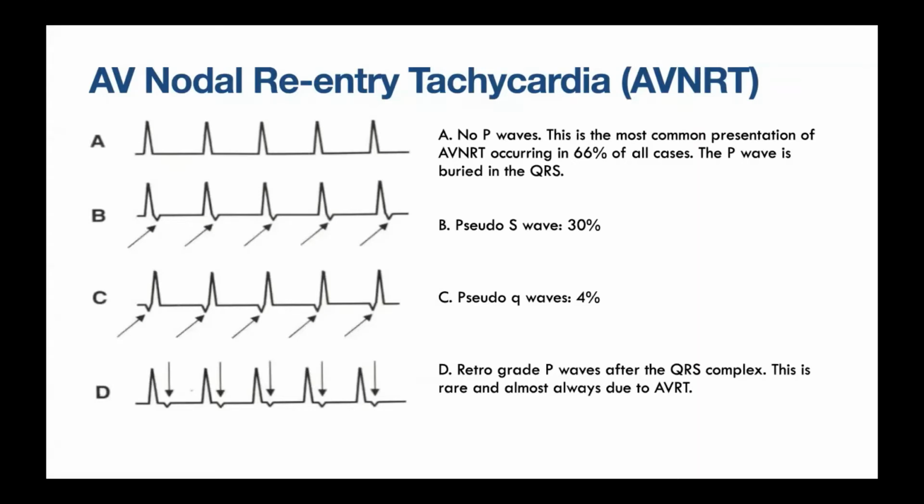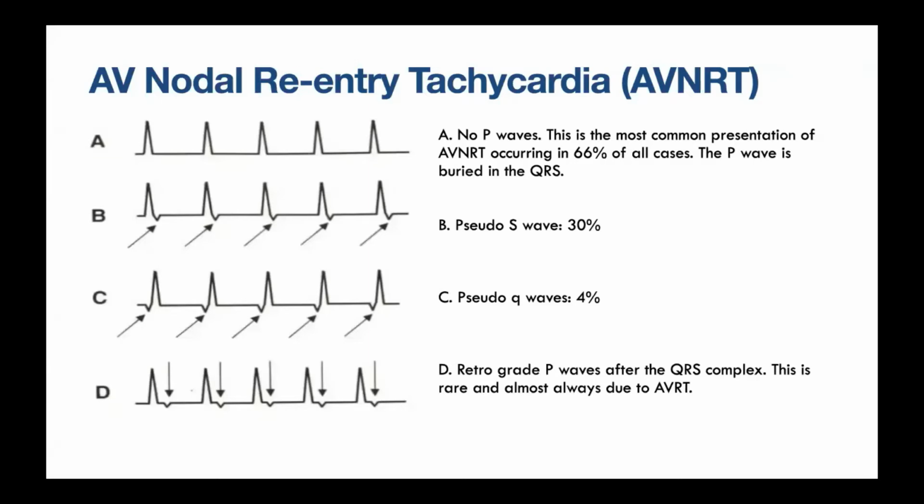Most of the time, about 60%, you don't see the P wave at all, you don't see retrograde, and you don't see either R or Q. Then in 30% of the cases, you see the pseudo S or pseudo R. And in only 4% you can see the pseudo Q wave.